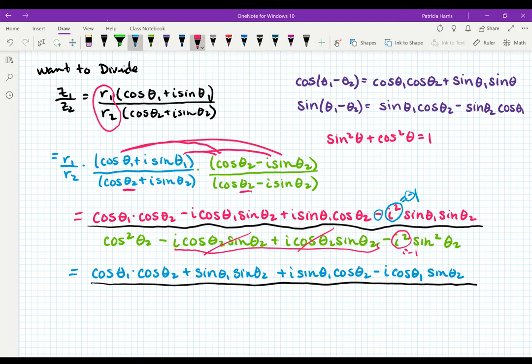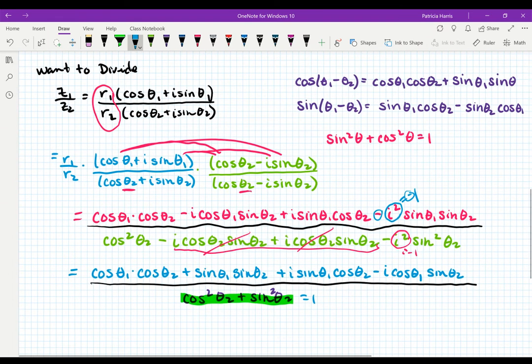So our bottom becomes cosine squared theta 2 plus sine squared theta 2. Okay, so down here we have our Pythagorean identity, which remember is sine squared plus cosine squared is equal to 1. Now I know that these are switched, but remember that addition is commutative, so we can say our entire bottom is equal to 1.